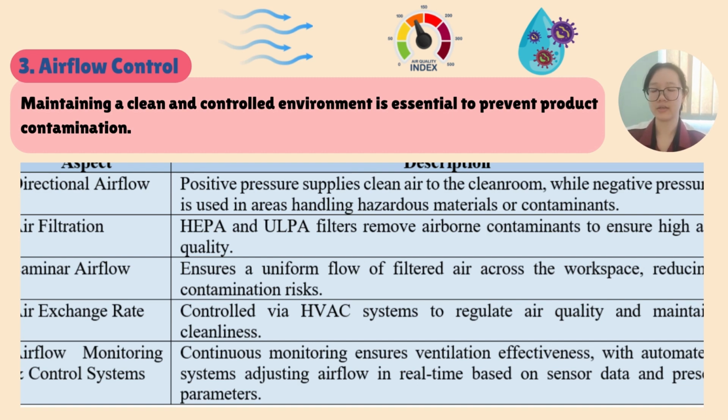Laminar airflow provides a smooth, consistent flow of clean air across the workspace, minimizing contamination. The air exchange rate is regulated by the HVAC systems to keep the air fresh and clean. And finally, airflow monitoring and control systems constantly track and adjust the air movement in real time to ensure the environment stays within safe limits.